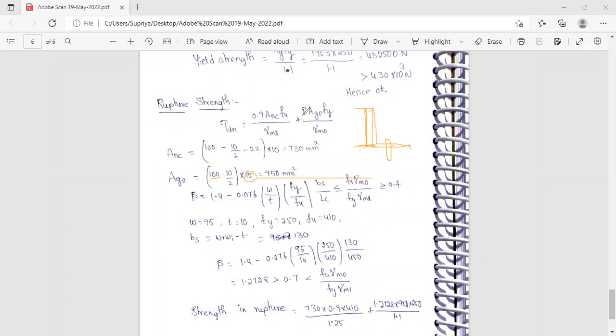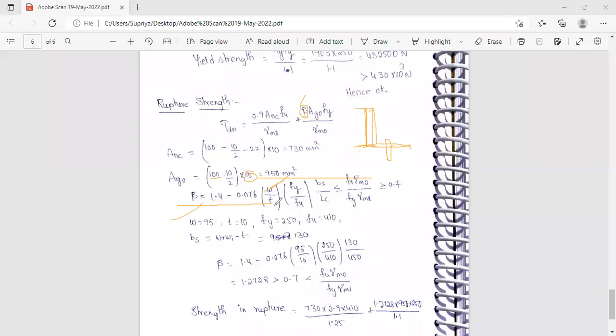Okay. And another term we don't know is beta. So for that, beta is equal to, we have the formula 1.4 minus 0.076 multiplied by w by t multiplied by fy by fu, times bs by Lc, less than or equal to fu gamma m0 by fy gamma m1, greater than or equal to 0.7. So substitute all the values. w is the width of the outstanding leg.